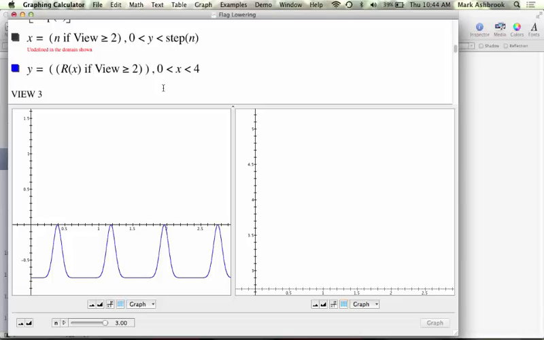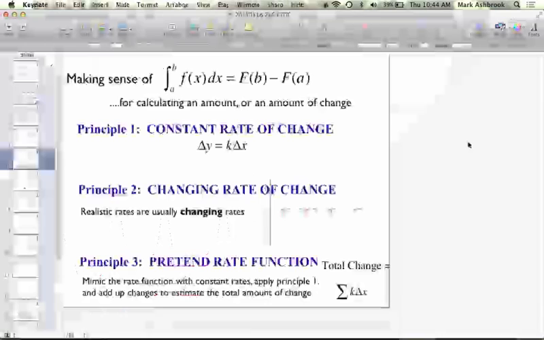So this is the idea of very, very small intervals. It creates a rate function almost indistinguishable from the actual rate function. If I made it any smaller, you wouldn't be able to see it. It would be so faint, like dust.